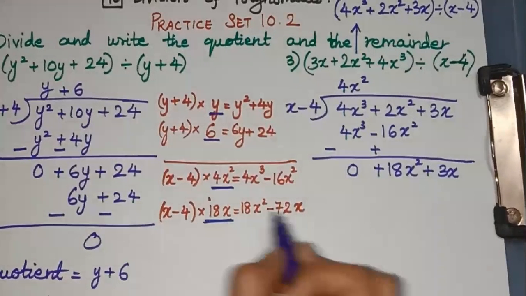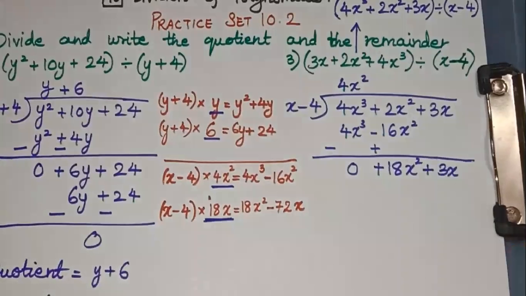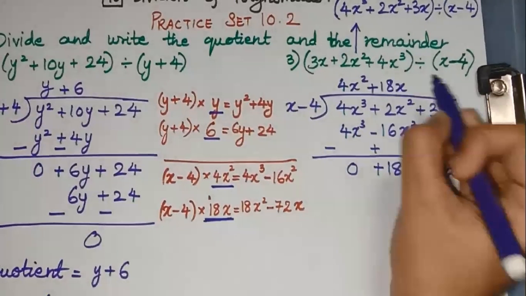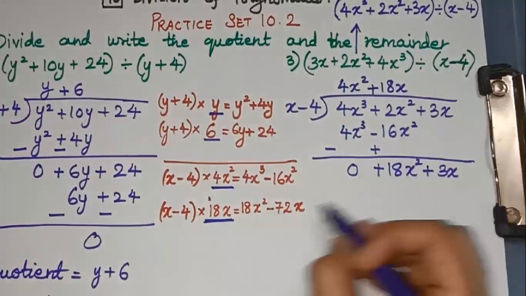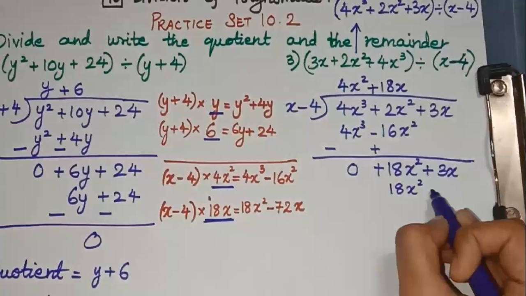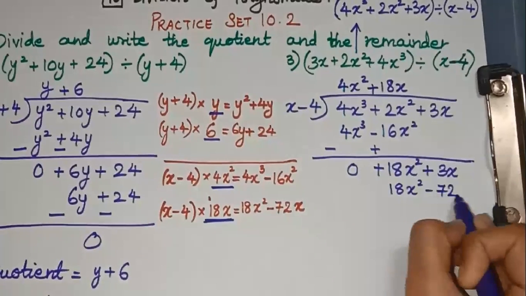Now this 18x is going to be written over here, that is plus 18x. Okay, and the answer to this is written over here, 18x square minus 72x.